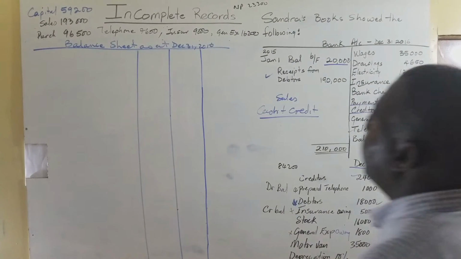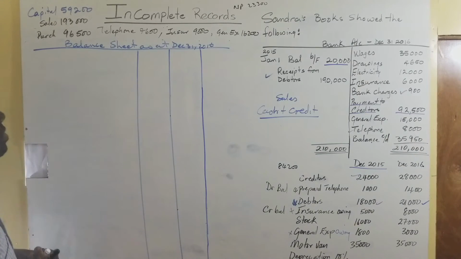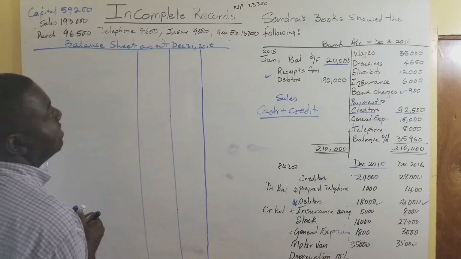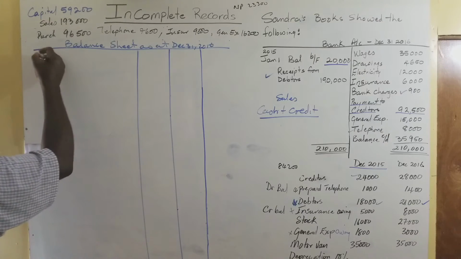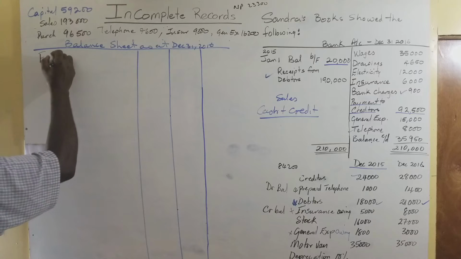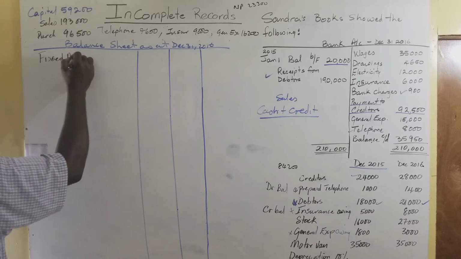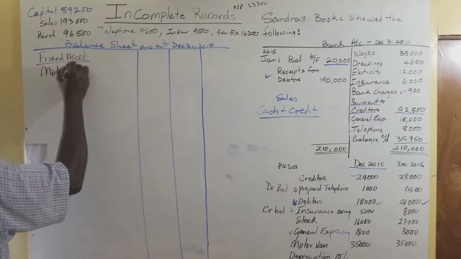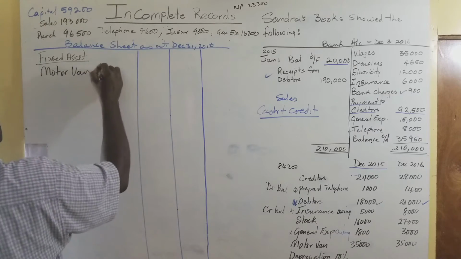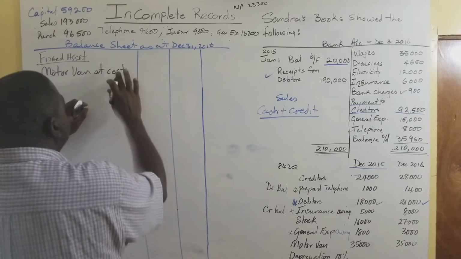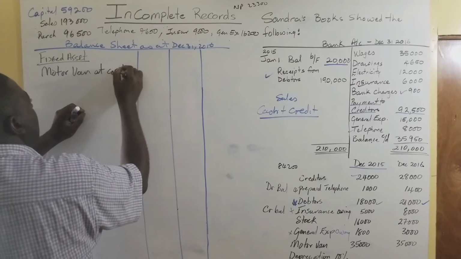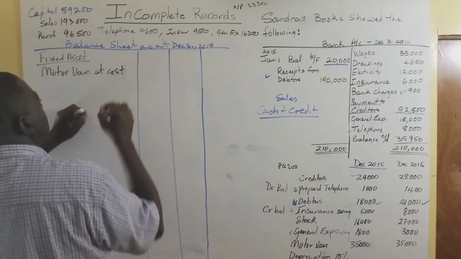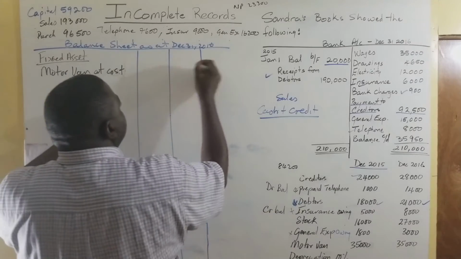All right, so now our final activity to close the preparation for Sandra's income statement and balance sheet. We're going to do our fixed asset. The fixed asset is motor van at cost, and that is 35,000.